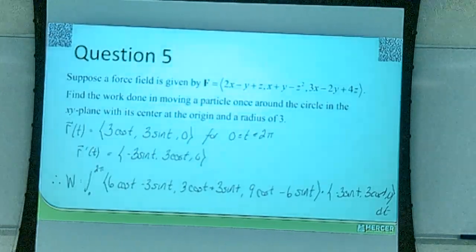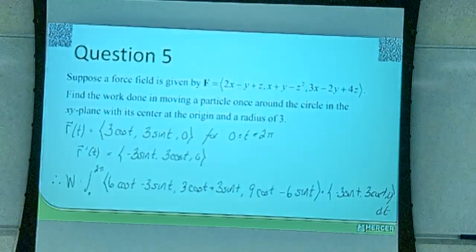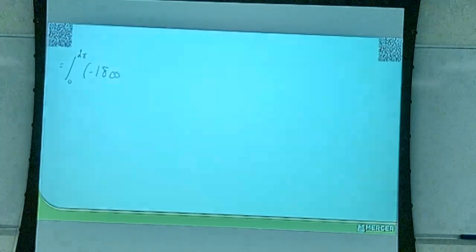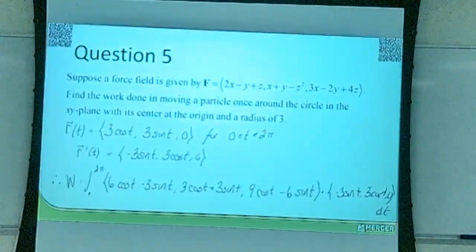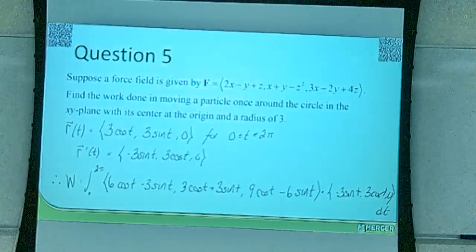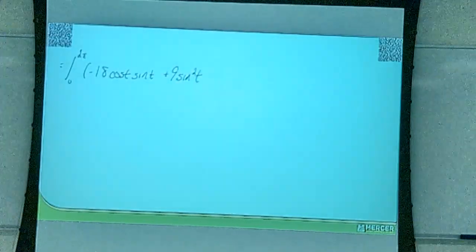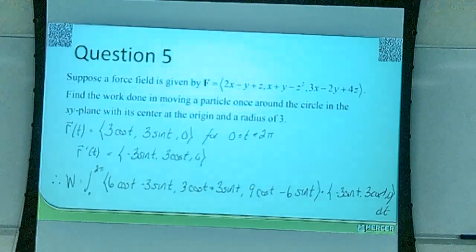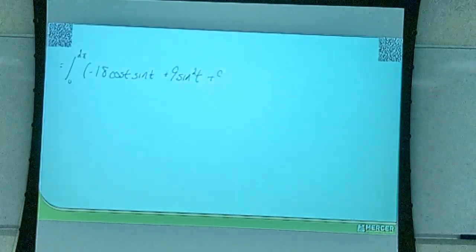Well, that third term's not going to matter, right? Because it's going to get multiplied by 0. Negative 18 cosine sine, plus 9 sine squared plus 9 cosine squared.